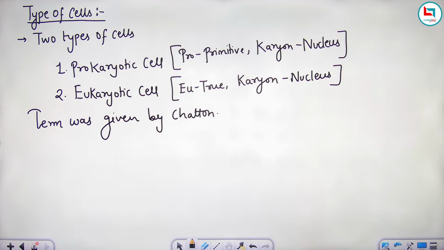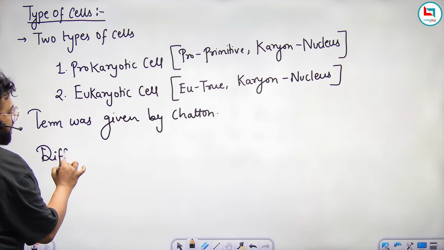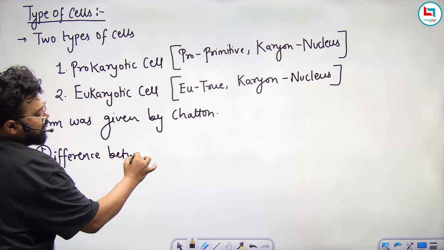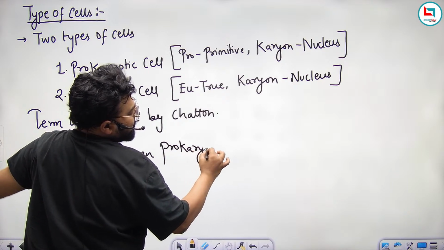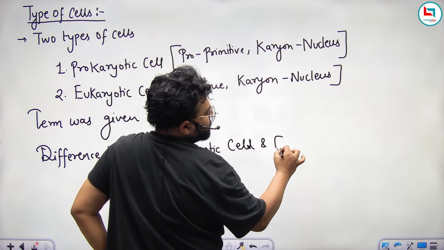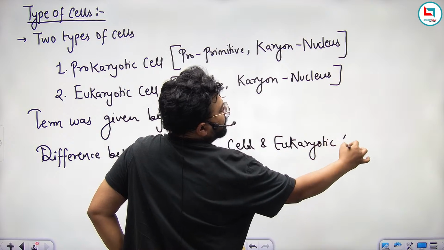Now, what do we mean by prokaryotic cells? Which organism comes under prokaryotic cells and which organism comes under eukaryotic cells? So let us study the difference between prokaryotic and eukaryotic cells.